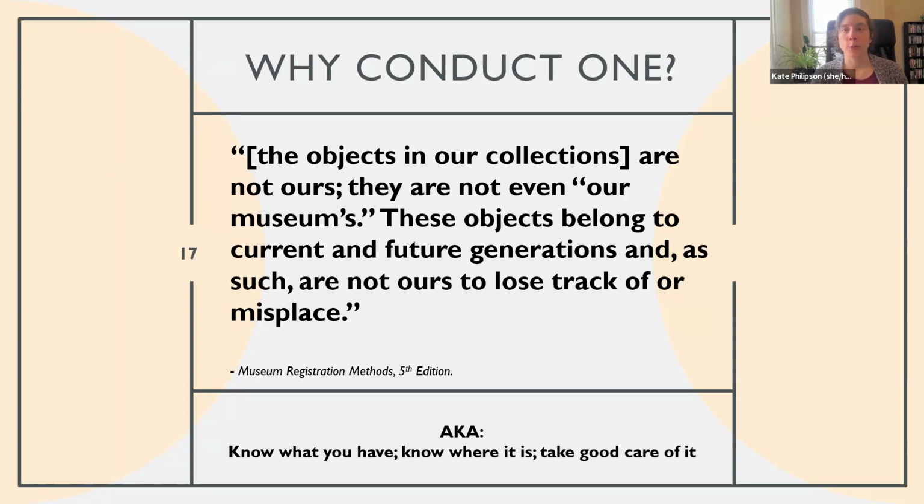I think another way to consider this level of accountability for collections held in the public trust can just be the basic: know what you have, know where it is, take good care of it, right? Those 3 things are really fundamental to operating a publicly held archival collection.